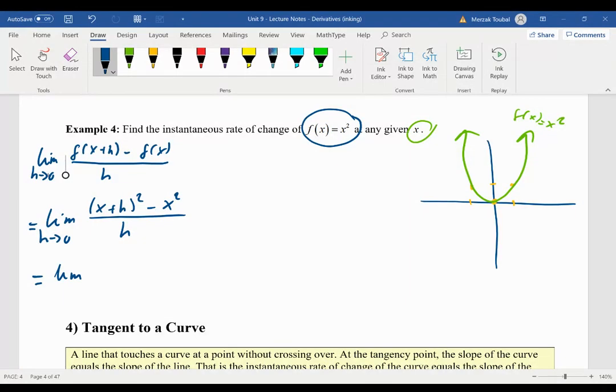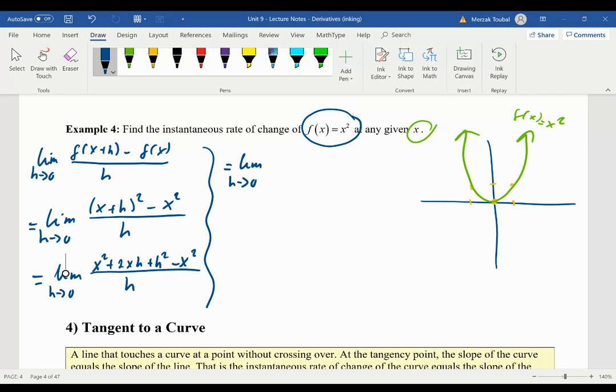So we got the limit as h approaches 0. x plus h squared is x squared plus 2xh plus h squared minus x squared divided by h. If you notice, I did not bother substituting 0 for h at this step, because if you do, then you're going to get 0 over 0, which is indeterminate.